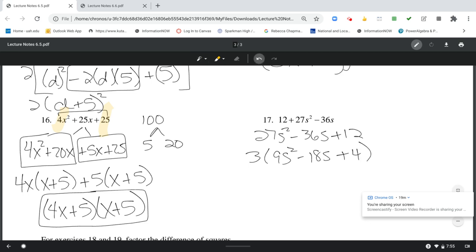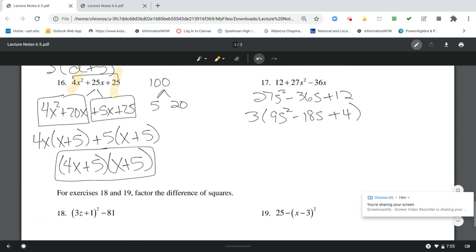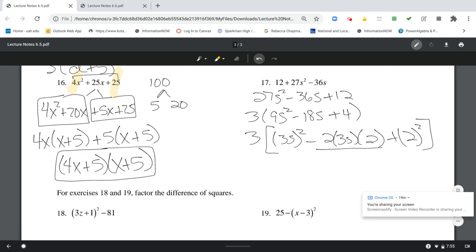And now I need to see if I can factor the trinomial. So that would be 3s squared minus 2, my 2 parentheses, plus 2 squared, which is 4. I'm going to put a 3s here and a 2 here. If all of this adds up or multiplies up to negative 12, we're good.